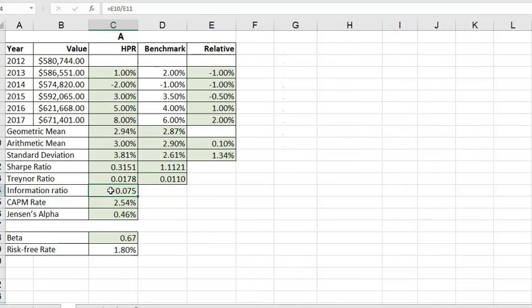And then we looked at the information ratio, which looks at the amount of return we get per level of volatility for our relative returns. And then we looked at Jensen's alpha, which gives us the amount of extra return we got per level of risk using systematic risk. And then M squared, we adjusted our risk level or standard deviation to equate that with the benchmark, and then compared the returns here with the regular arithmetic mean of the benchmark.